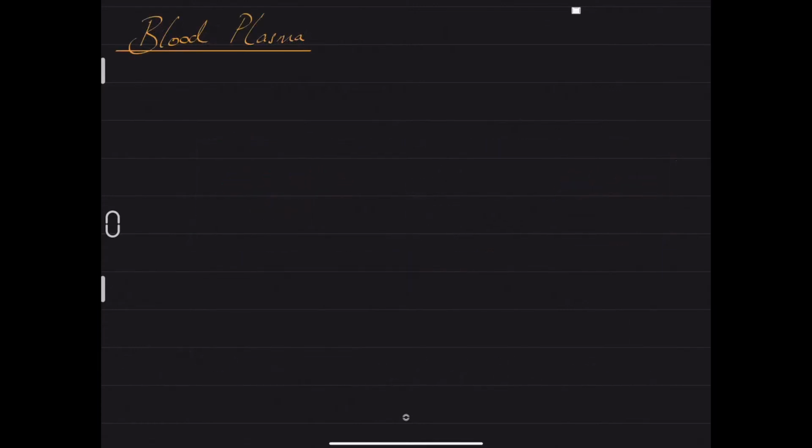So now I'm going to give you a few key points about blood plasma, which we spoke about a few moments ago, the fourth component, which carries all the other components.